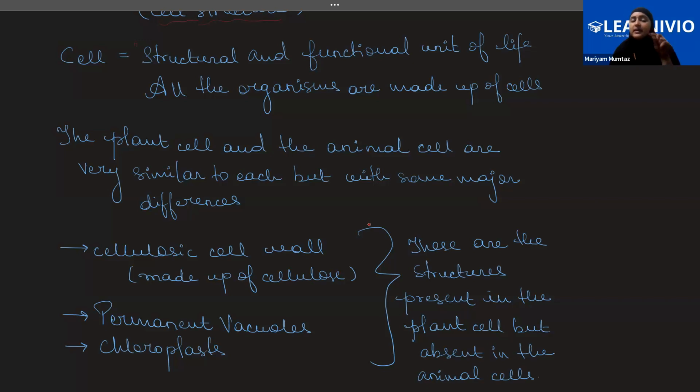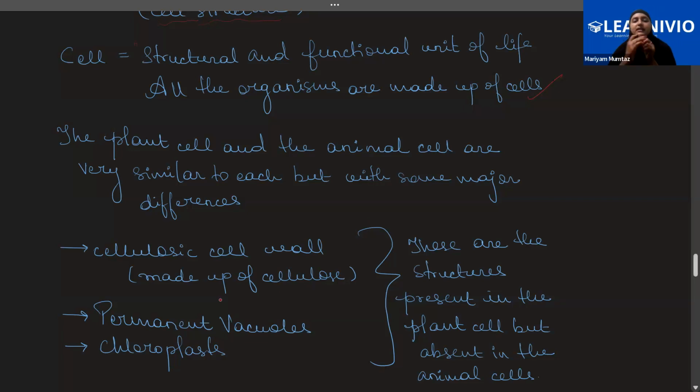So the cell is the basic necessity for life. It is structural, meaning it forms the structure, as well as it does all the necessary functions. And all the living organisms are made up of cells. Any structure that is not made up of a cell will not be considered as living. Clear?